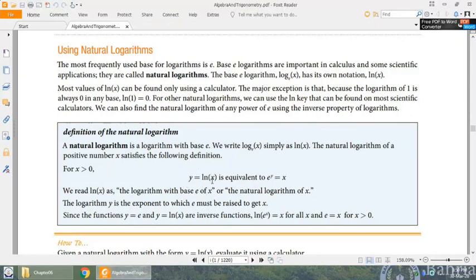I'm going to repeat that. This is the final number which you obtain when you raise the base to a certain power y, and it gives you the final value of x. How you express it is now e raised to power y is equal to x, because our base in this case is e.